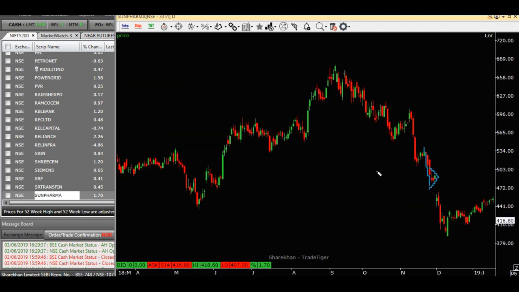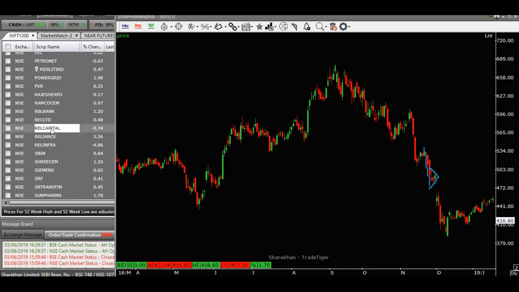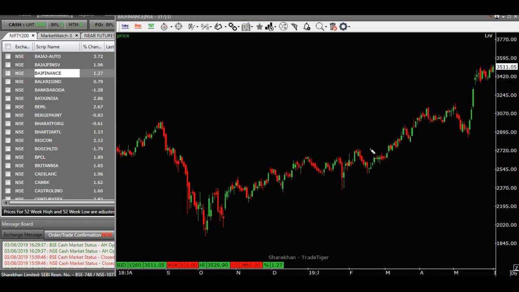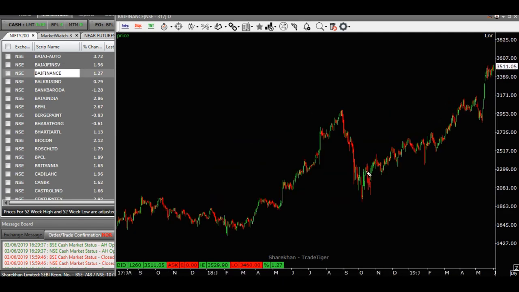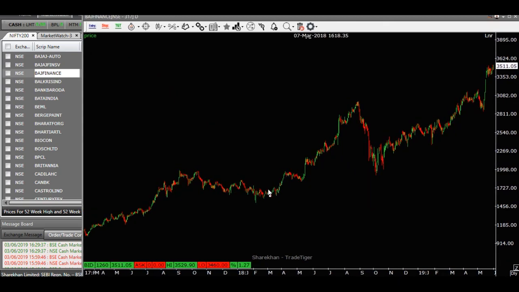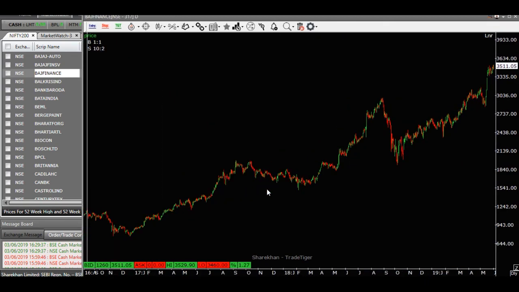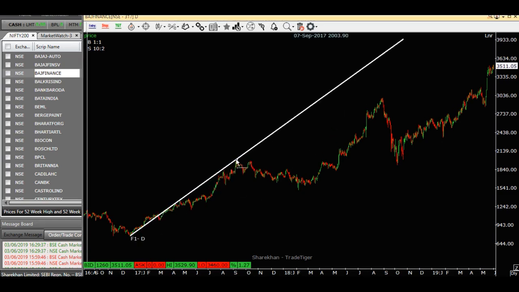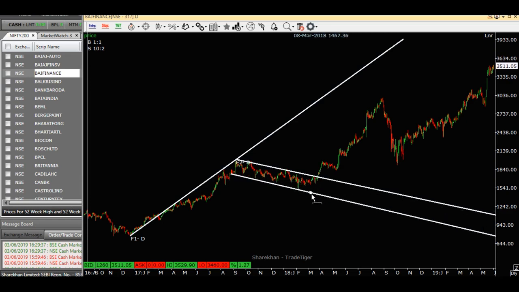Okay, let's look at some bullish examples. So I can open the chart of Bajaj Finance. I can see one very large, very big flag here. See this nice impulsive move, one-sided move up.